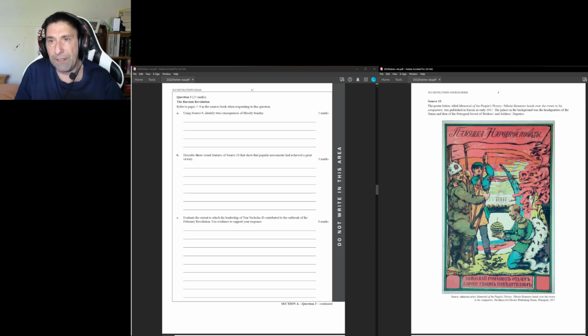So, firstly, you have to talk about the Tsar kneeling, and you specifically refer to the Tsar kneeling, okay? And then you can talk about these revolutionaries here, this soldier and this worker holding these flags. Memorial of the people's victory that says up there, Nikolai Romanov hands over the crown to his conquerors. I would say that's what is referred to down here. Now, you can see we have translations down here, or captions.